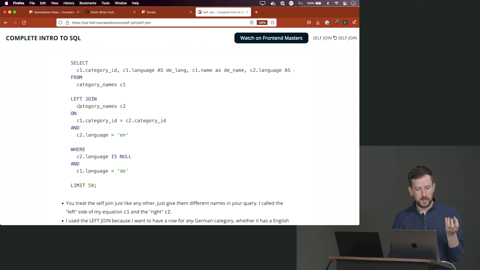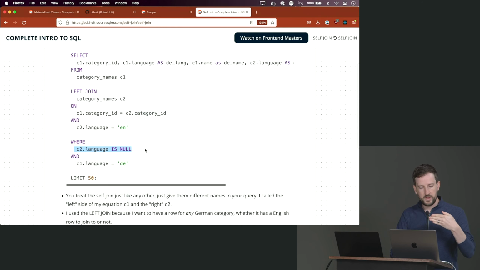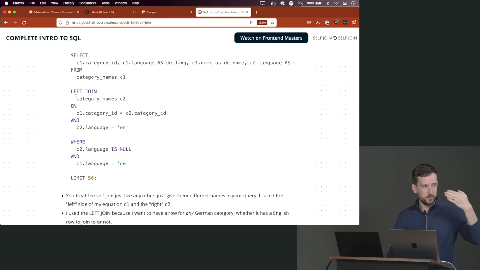I am left joining the table C2, ignore that it's the same thing. And in this set over here, it's just English words. Just German words, just English words, right? I'm then joining them on the category ID. So it's going to join everything together, and I'm saying eliminate where C2 is null. That means it came in from the left join, right? So there was a German word and there was no English word for it, which means that there was no translation for it. Little mind bending, but does that make sense?